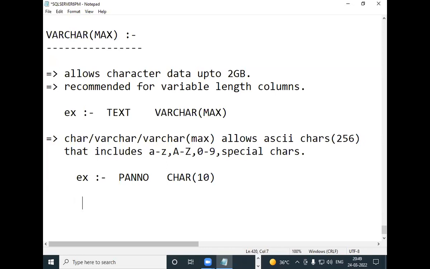Next, another one: vehicle number, like TS08AB001. Vehicle number is also alphanumeric. Is it fixed length or variable length? It depends.